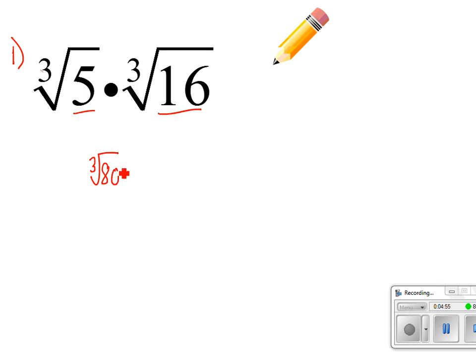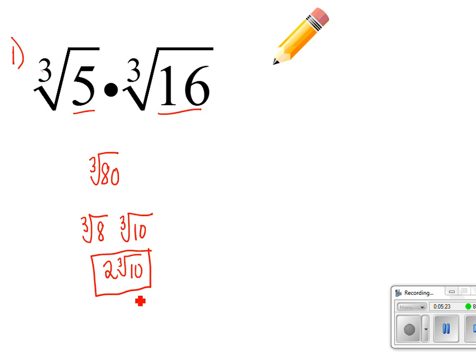Now I have my handy dandy yellow sheet, and I might be able to simplify that in a better way, because obviously 5 and 16 didn't work. So what's a perfect cube that goes into 80? Well, I know one: 8. How many times does 8 go into 80? 10 times. Don't we know that the cube root of 8 is 2? And the cube root of 10 would just stay the cube root of 10. So this actually simplifies into 2 times the cube root of 10.